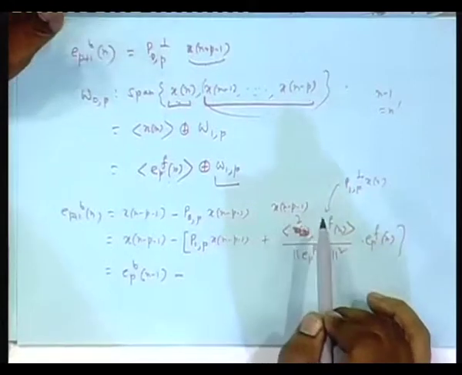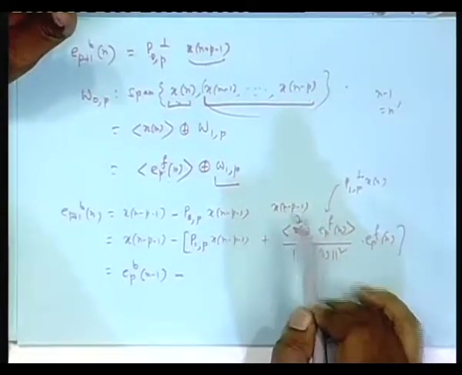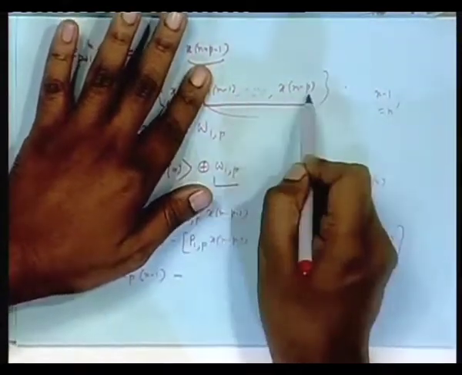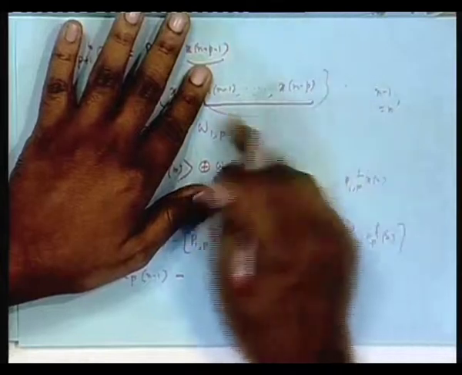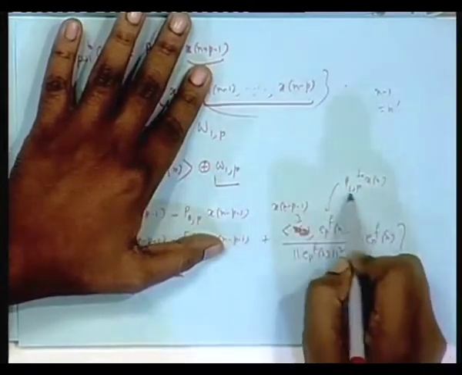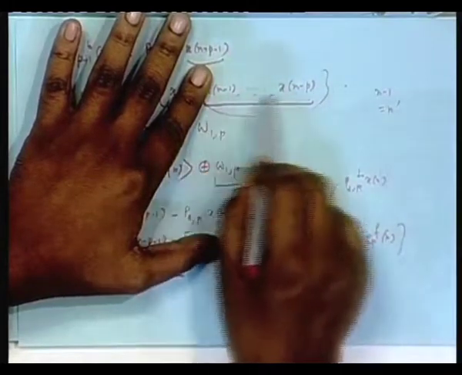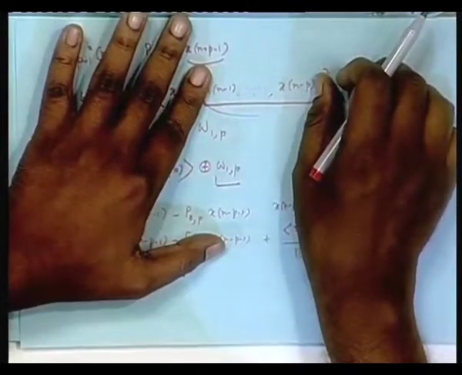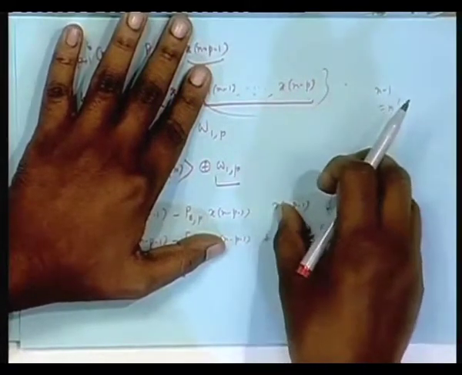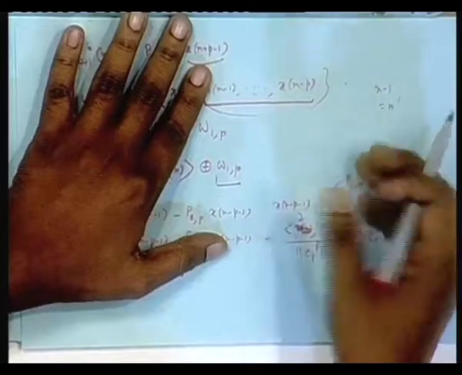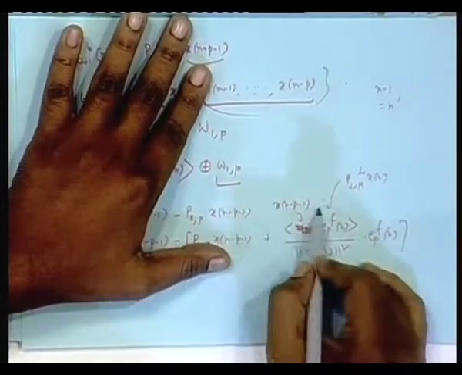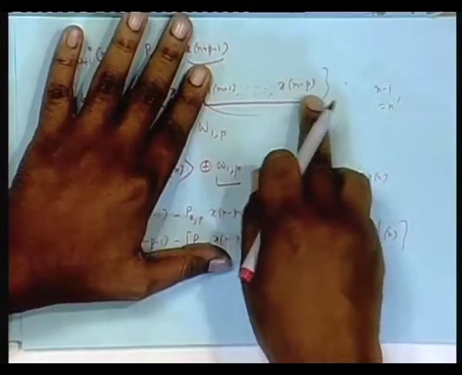And what is p 1 p perpendicular? We have just now seen what p 1 p is. p 1 p means x n minus 1 to x n minus p, x n minus 2 to x n minus p. On this you are projecting this. So, again the same thing, pth order; if you call n minus 1 to be n prime, so n prime minus p and n prime minus 0, n prime minus 1 and n prime minus p plus 1, that way.